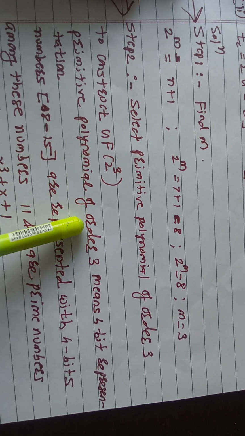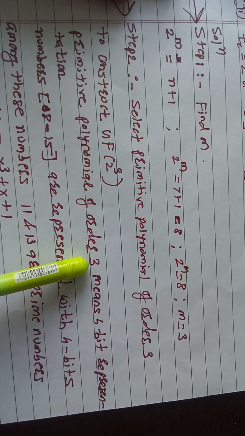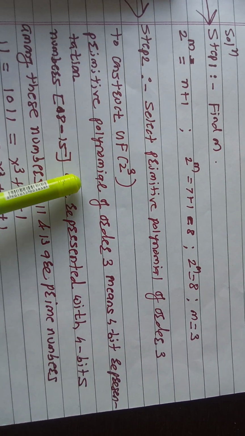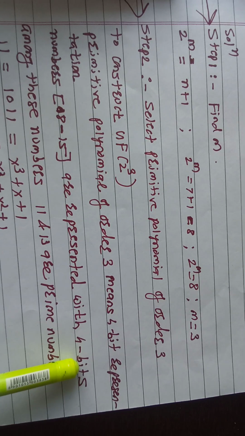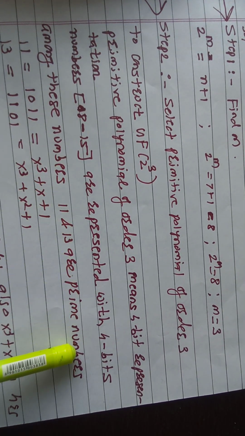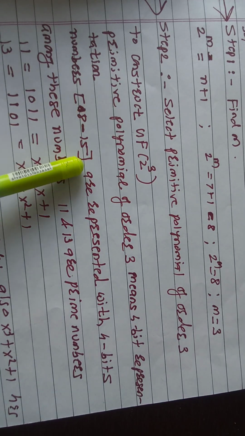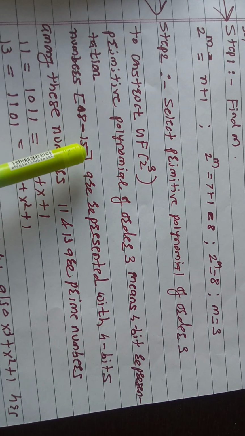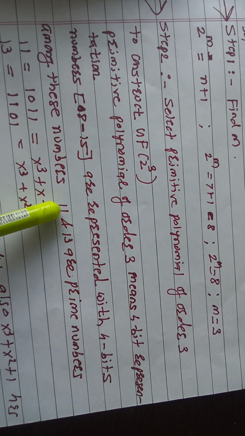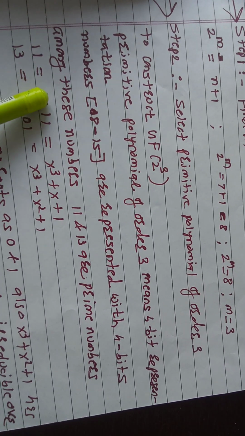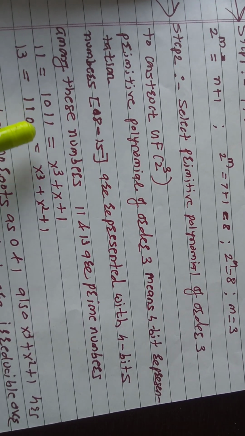The primitive polynomial is of order 3, that means it's a 4-bit representation. You know that numbers 8 to 15 are represented with 4 bits. Among these numbers, 11 and 13 are prime numbers. So among these 4-bit binary represented numbers, you have to select prime numbers. 11 is represented as 1011 and 13 as 1101.